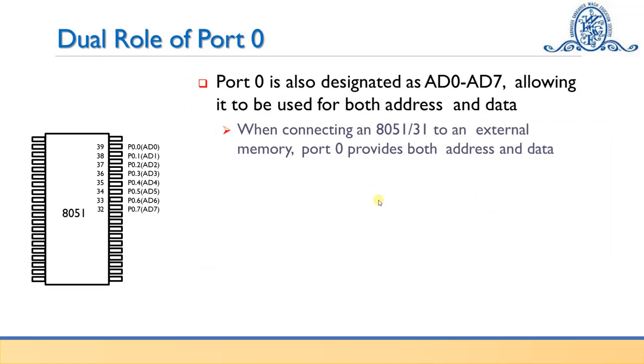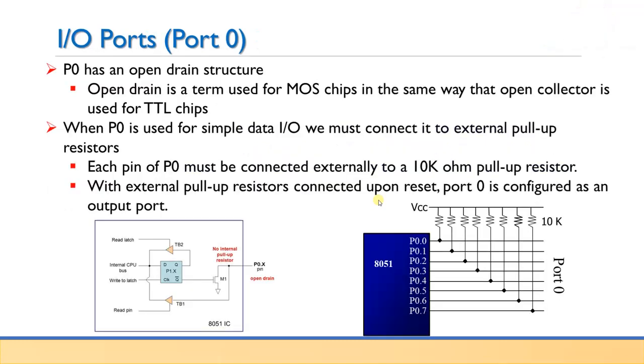Now, as I said, it has to play a dual role also. So port 0 is also designated as AD0 to AD7, allowing it to be used for both address and data. So when connecting an AT51 or AT31 to an external memory, port 0 provides both address as well as data.